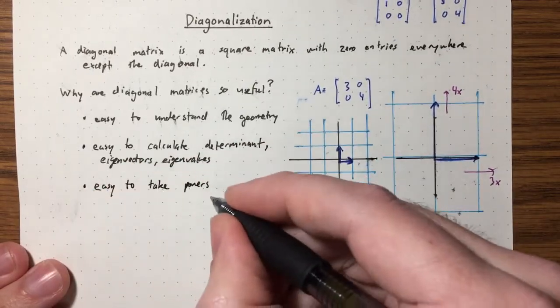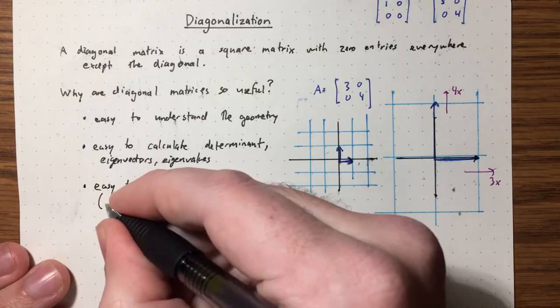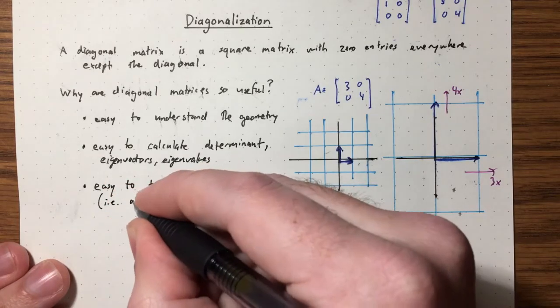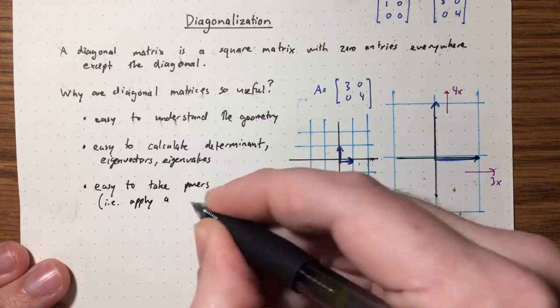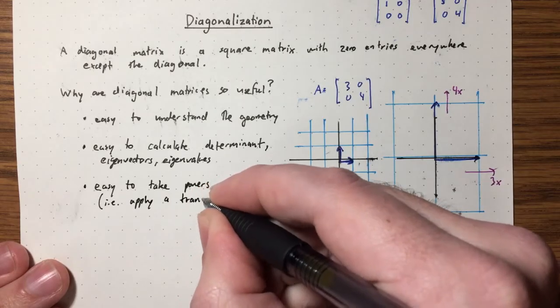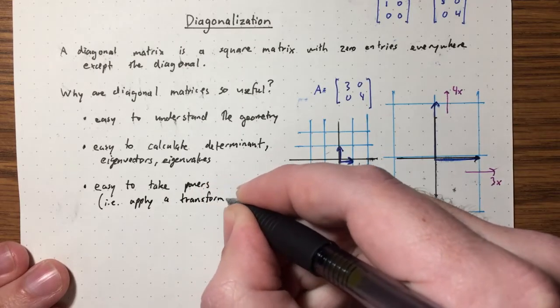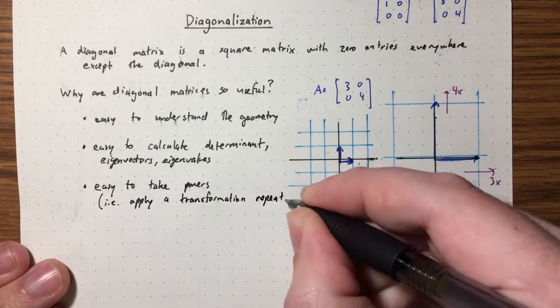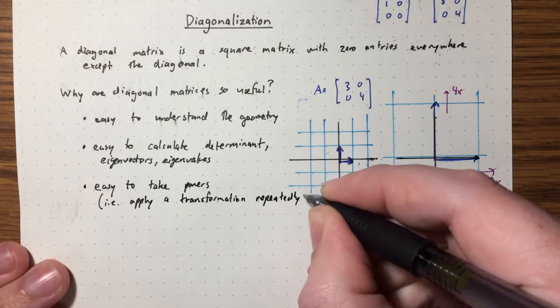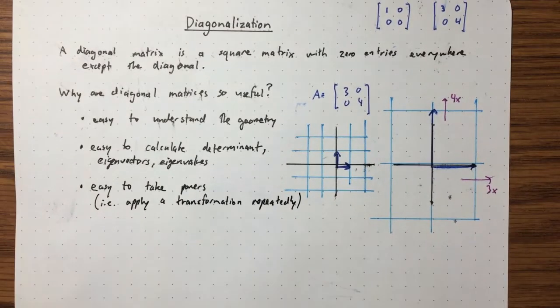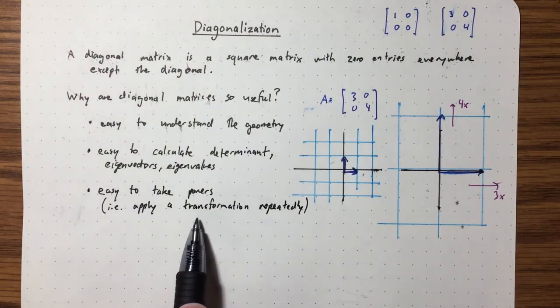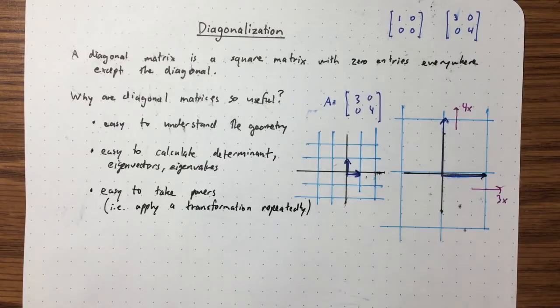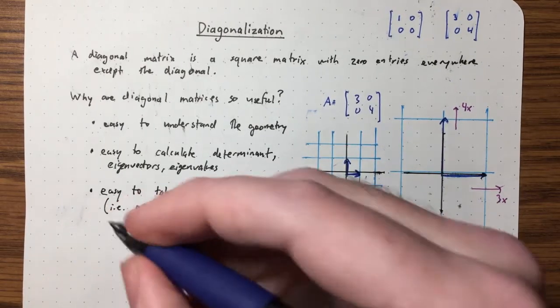Well, taking powers of the matrix is the same thing as applying a linear transformation repeatedly. That's all that powers of a matrix means. We often want to do that.